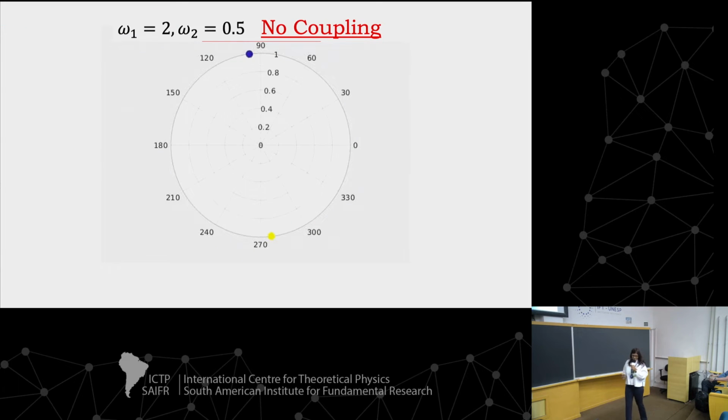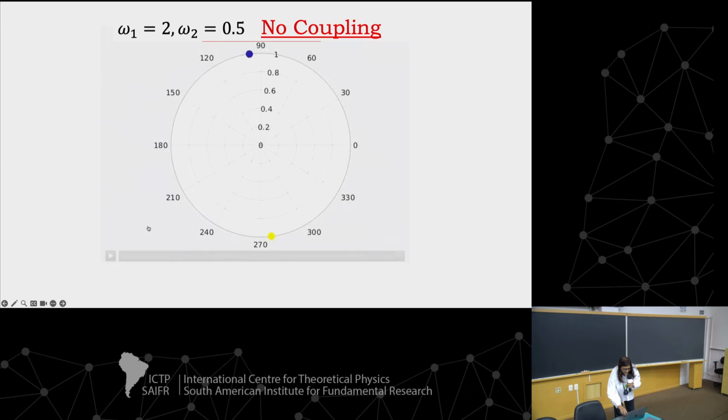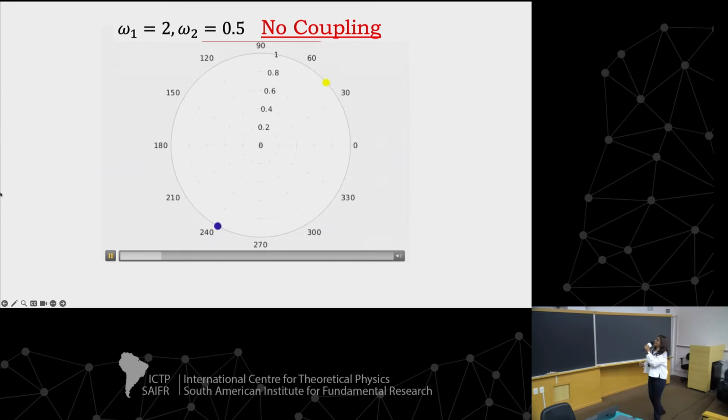So now you can see I have plotted a simple phase oscillator. There are two oscillators. The first oscillator has intrinsic frequency 2, and the second oscillator has intrinsic frequency 0.5. And if there is no coupling, if I run this simulation, you can see they will never get synchronized.